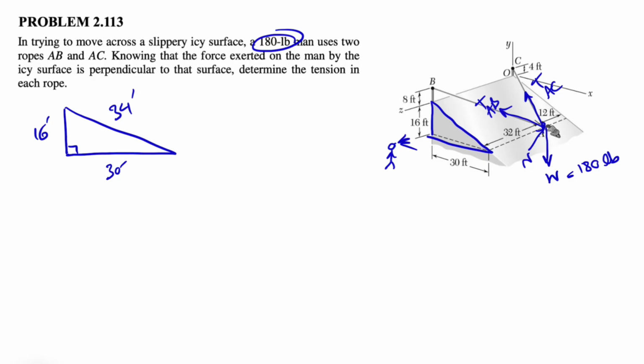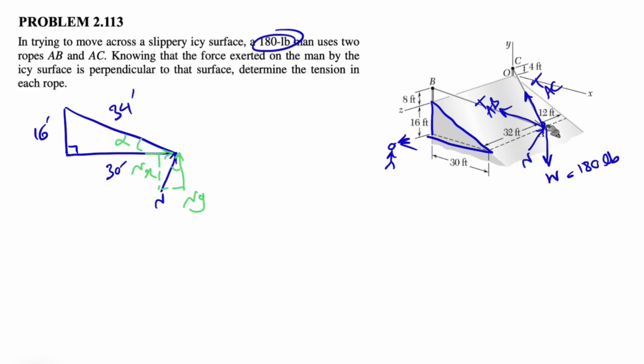The normal force N here we can resolve into x and y components. This will be our x, we can call it Nx, and this will be our y, Ny.